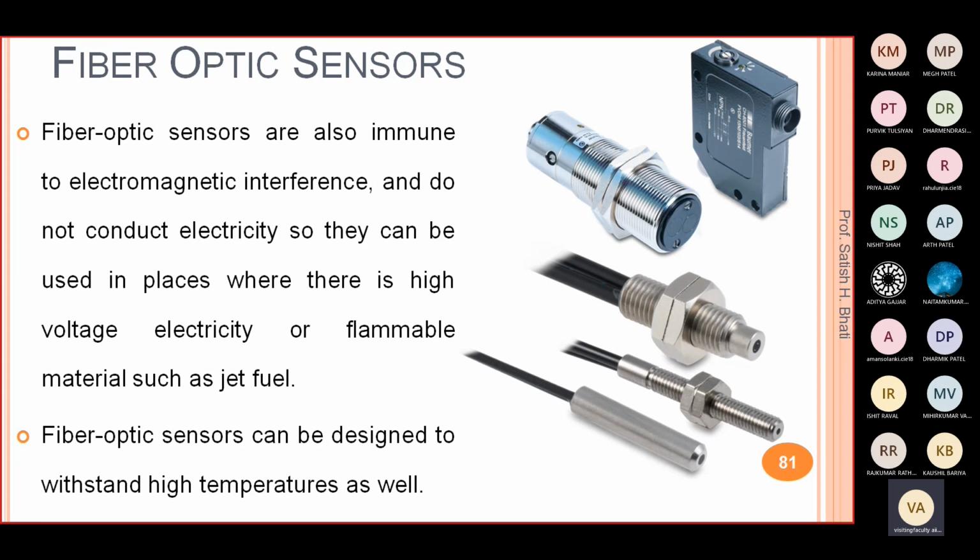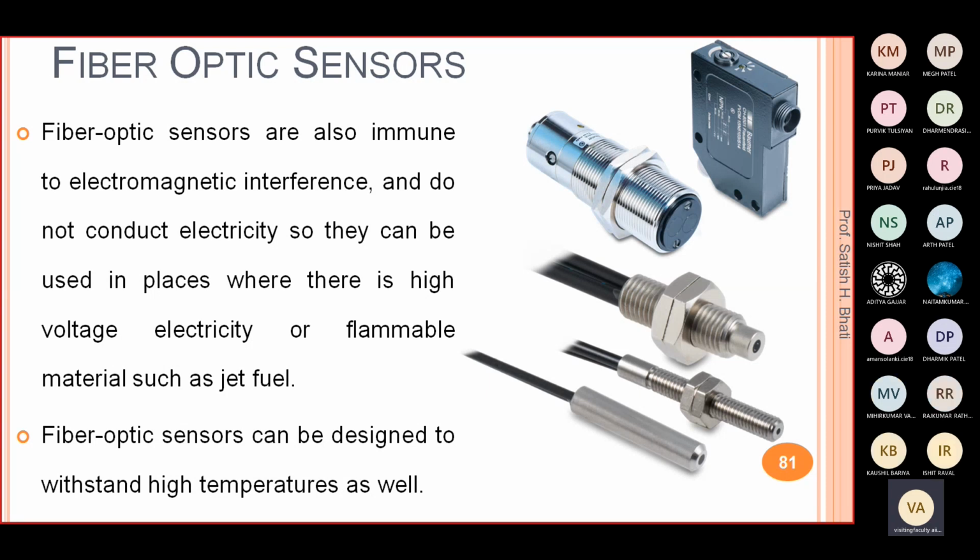Because if the temperature increases while you are using electricity, there is a chance your equipment or component will be heated, and because of that there is a chance of fire, right? So in such applications we use this fiber optic sensor. Like in an aeroplane, near the fuel we do not use other types of sensor; generally we use the fiber optic type of sensor.